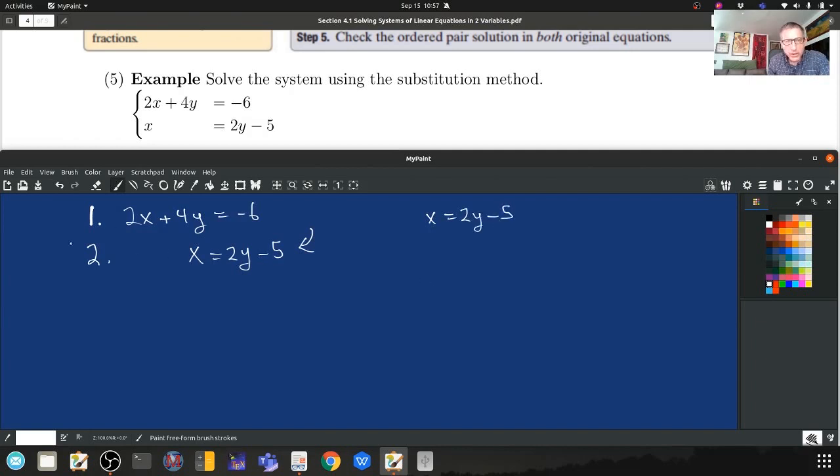Basically from equation 2 I've extracted all of the information I can extract. So now I have to jump up to equation 1, and where I find x, I'm going to write its value as given by equation 2.